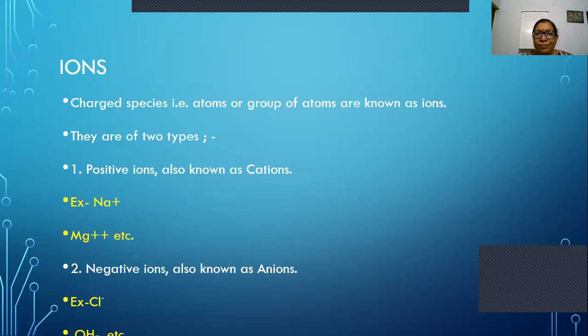They are of two types: positive ions, also known as cations, for example Na+, Mg2+, etc. Negative ions, also known as anions, for example Cl-, OH-, etc.